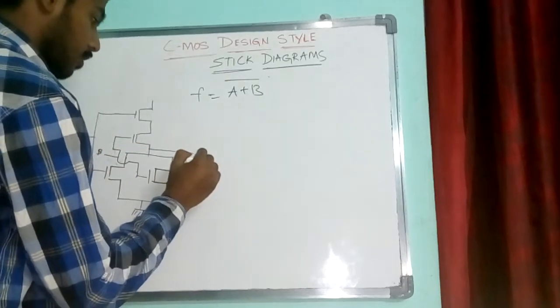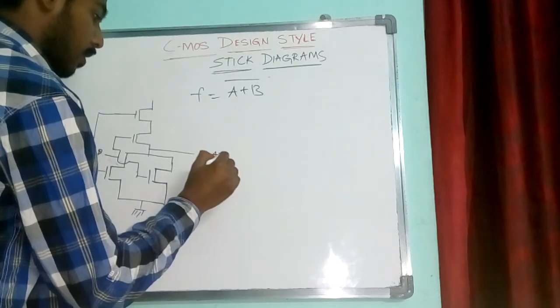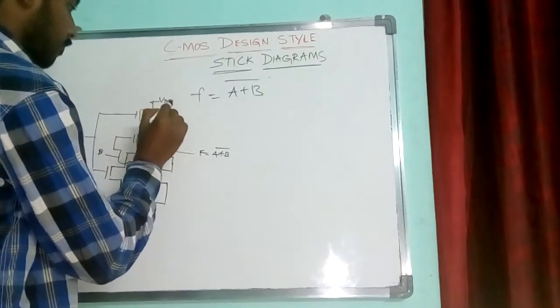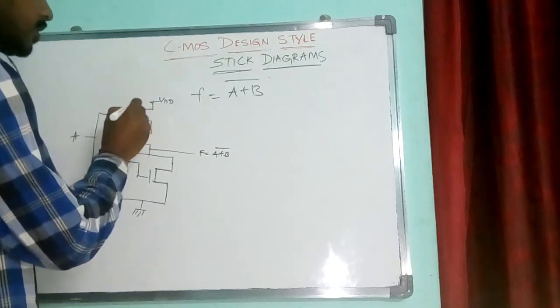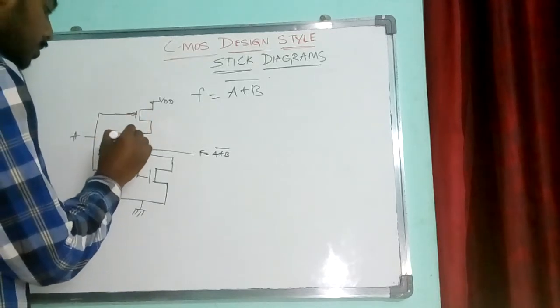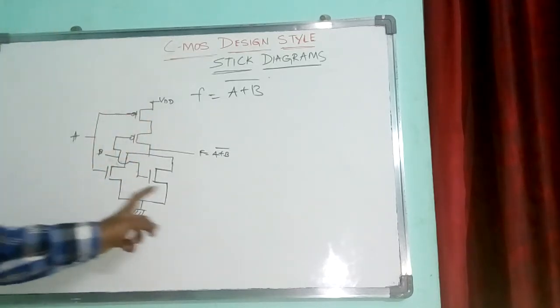Here, F equal to A plus B whole bar. This is VDD. These two are PMOS, whereas these two are NMOS.